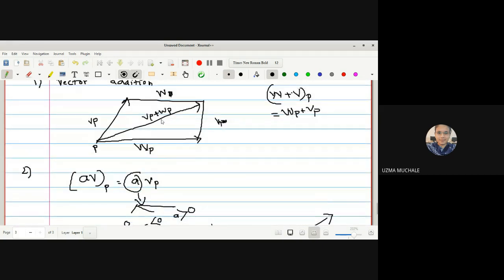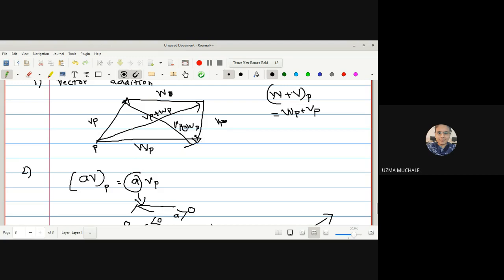Can anyone tell me what this will be? What will be the meaning of this diagonal? VP minus WP. Okay, VP minus WP. Because W is in the opposite direction, it is with the negative sign. And here you can see it is in the same direction.